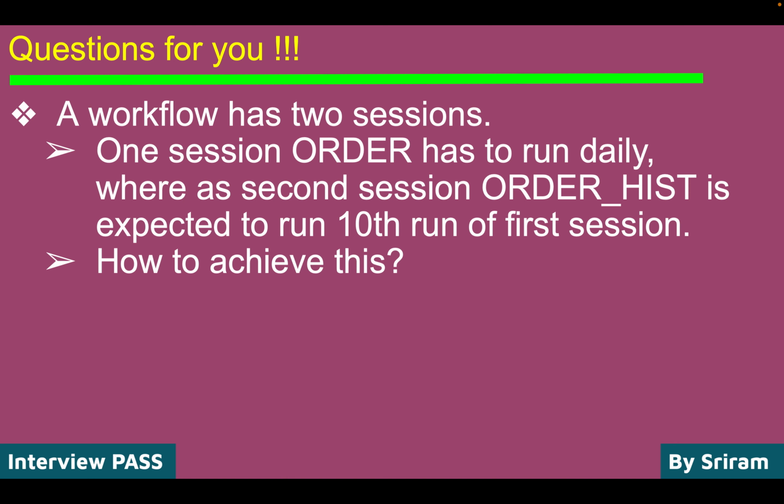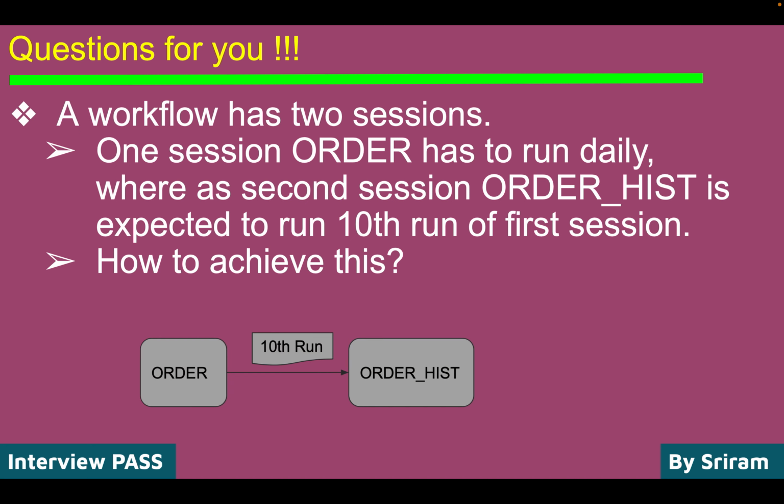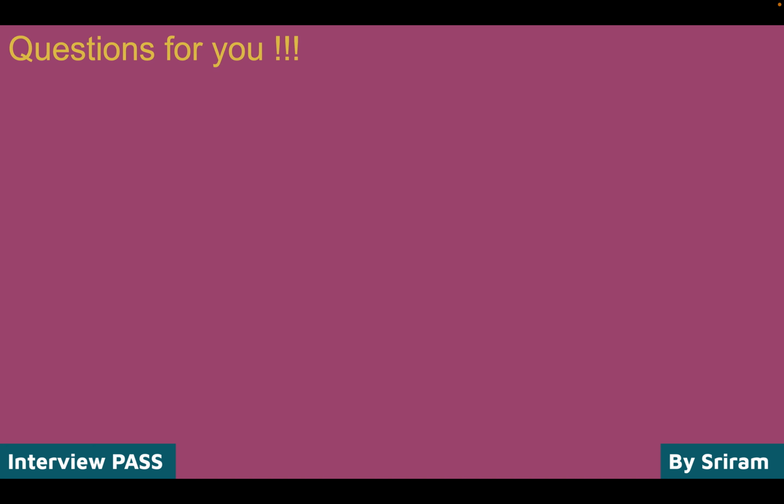Say for example, after order has been run 9 times, on the 10th time it has to run the order history session also. For runs 1 to 9, order history should not run, but the workflow should not fail. And on the 10th run, order and order history both have to run. How to achieve this is a very important question. You have to think about it. How to achieve that is also important. Okay, let us see the next question here.